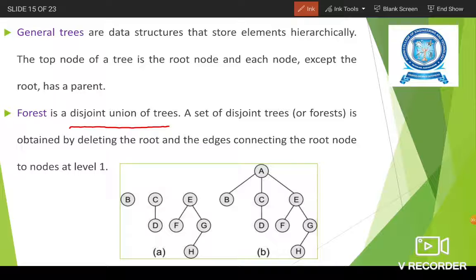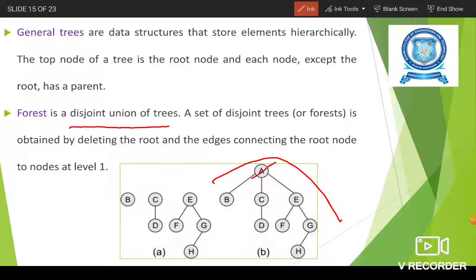So how can you obtain this set? You can obtain this by deleting the root and its edges connecting the root node to the nodes at level 1. So the given tree is A, B, C like that. How will you obtain the forest?